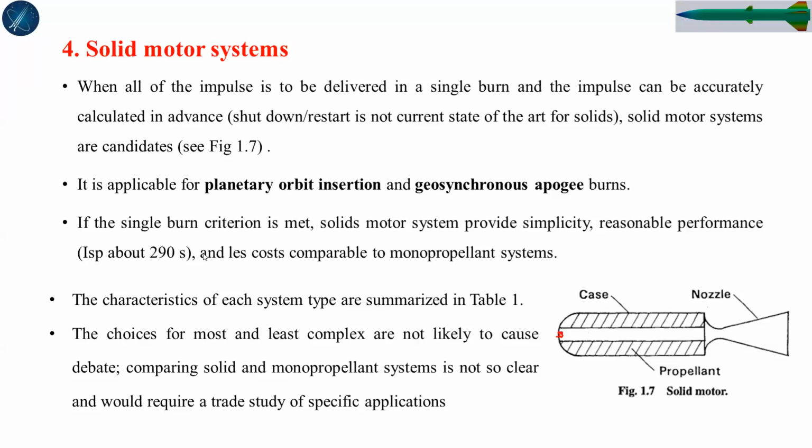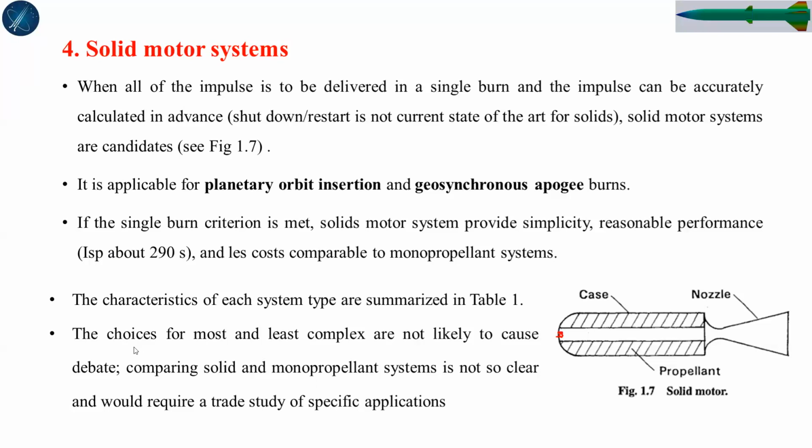If the single burn criterion is met, the solid propellant system provides simplicity, reasonable performance, and less cost compared to the monopropellant system. But the worst scenario of the solid propellant system is that once you ignite it, you cannot terminate. It will fully burn. So that is the worst situation.